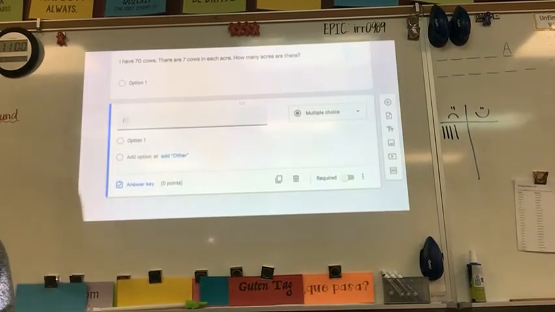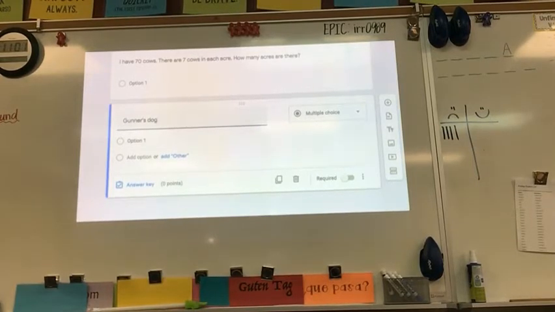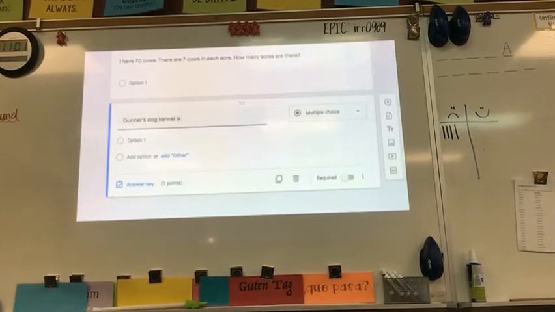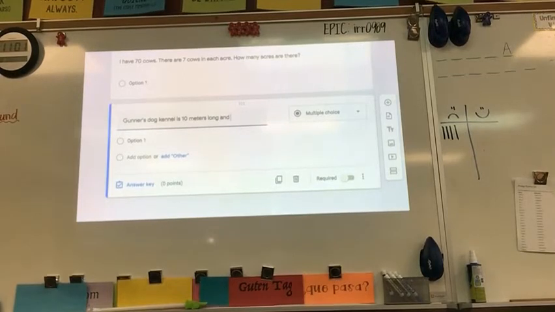So we can say Gunnar's dog pen or dog kennel or yard. Gunnar's dog kennel is how long and how wide? 6 inches long. Your poor dog does not have much space, buddy. Okay, actually 10 meters long. Oh, I like it.